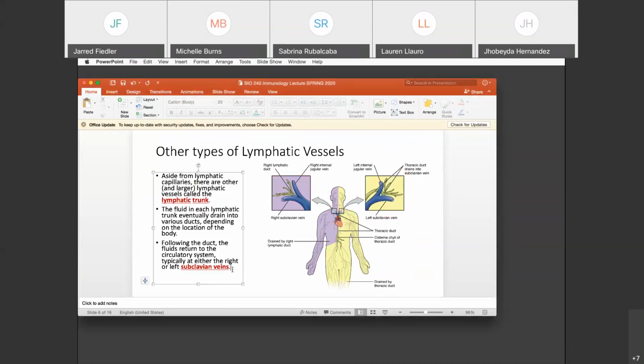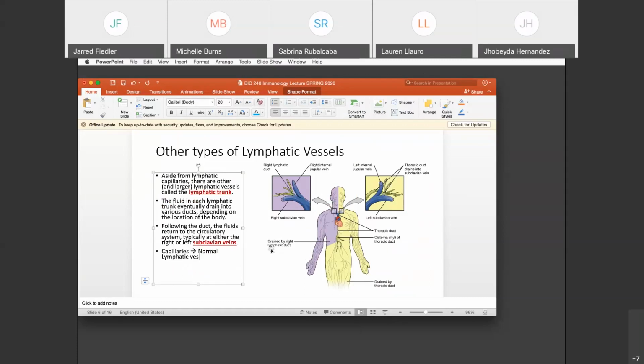You're going from capillaries, then you're going to go to the normal lymphatic vessel. And after that, you go to the lymphatic trunk. It's a larger vessel, right? And after the lymphatic trunk, you're going to go to something called lymphatic ducts.